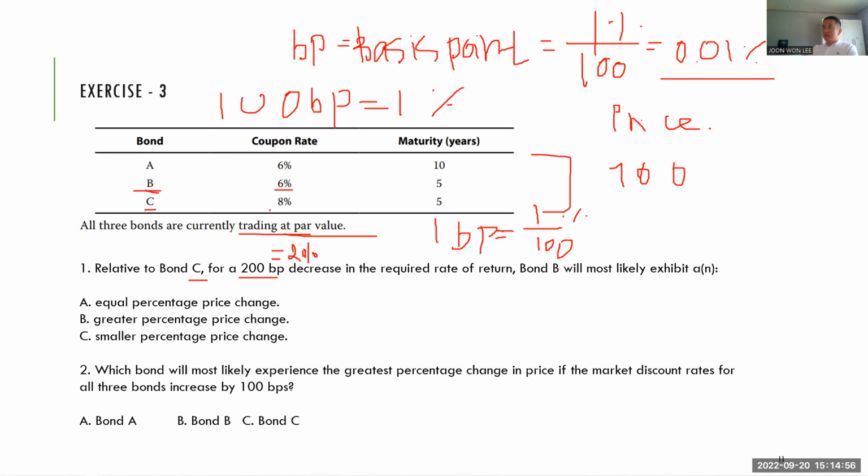Bond C's coupon rate is 8%. And then the market interest rate decreases 2%. So relative to bond C, bond B's price will most likely exhibit A, an equal percentage price change, B, a greater percentage price change, C, a smaller percentage price change.